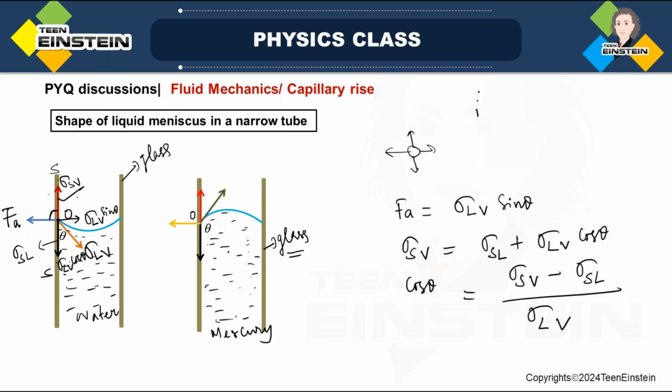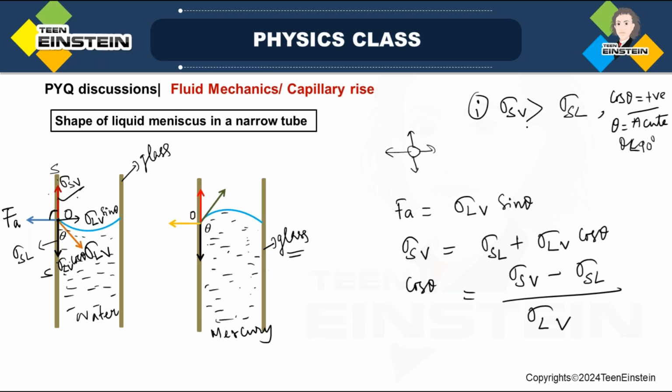Let us take the first condition: if sigma SV is much greater than sigma SL, then cos theta will be positive. And when it happens, theta is an acute angle, below 90 degrees.